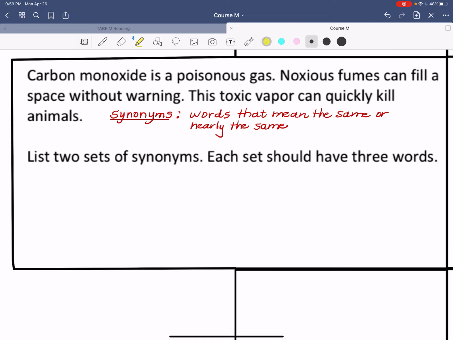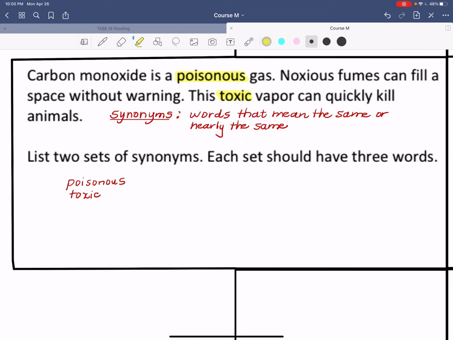So one of them, I'm going to start with the word poisonous, because I know that poisonous and toxic mean the same. So poisonous and toxic are synonyms. And they have a third synonym in this passage.